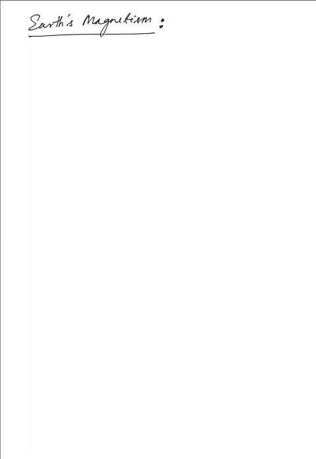Now, if I suspend a bar magnet, its north pole points to the north, while its south pole points to the south, geographic north and geographic south.